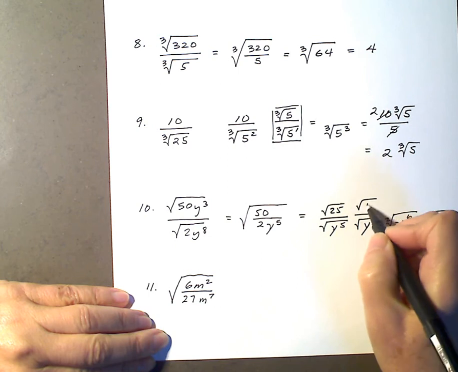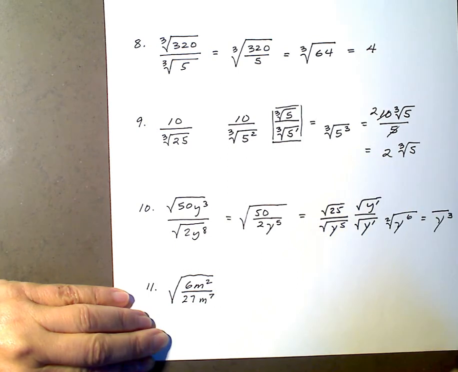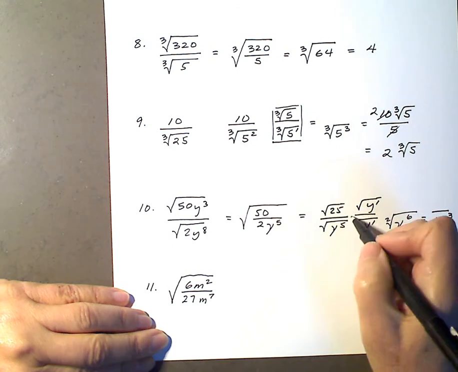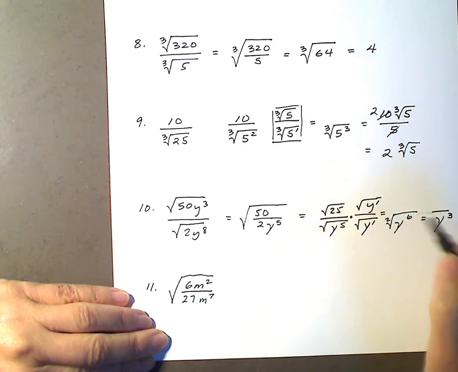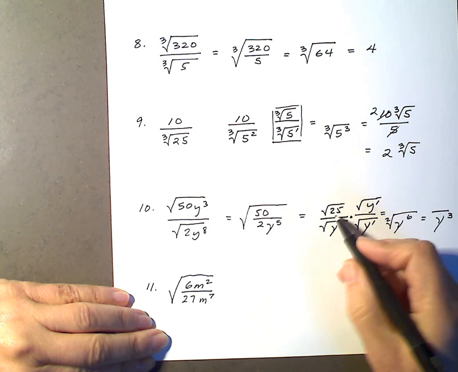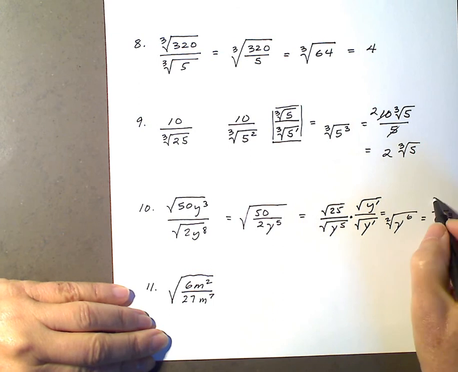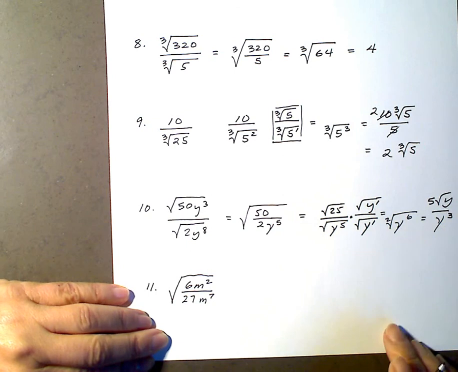So I multiply by 1 in the form of y over root y here. And I get the square root of 25y, so 5 times the square root of y all over y to the third.